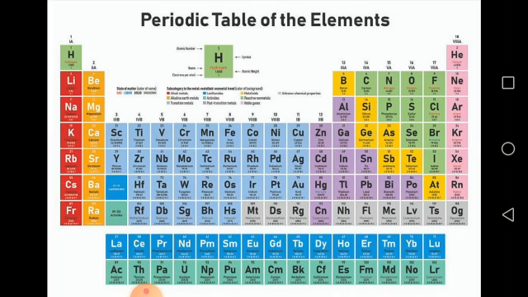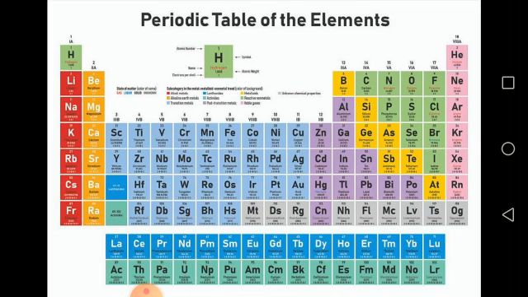The F sublevel consists of 7 orbitals. Each orbital can be occupied by 2 electrons. So the lanthanide series contains 14 elements, as does the actinide series, which also consists of 14 elements. The periodic table contains 118 elements.